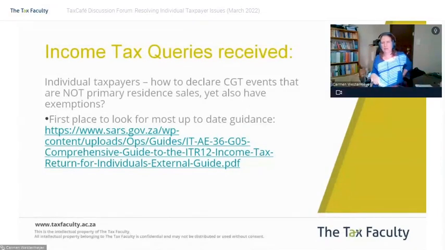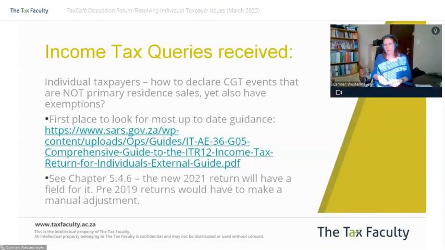It changes every time SARS updates the form. So you could even have, within the space of 6 months, that how you declared it 6 months ago versus how you declare it now changes. So the IT12 really is, I would honestly say, your best friend with respect to checking how on this particular return you should disclose it.